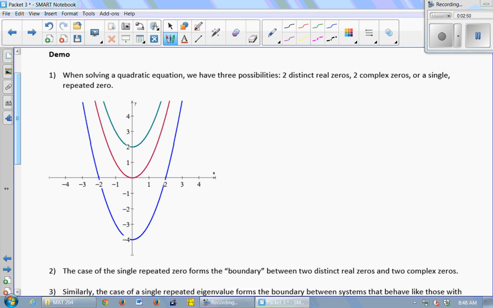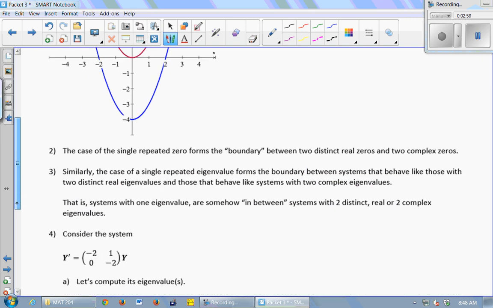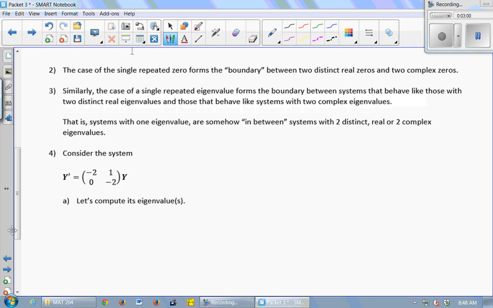So it's going to have some characteristics of both. Similarly, the case of single repeated eigenvalues forms a boundary between systems that behave like those with 2 real eigenvalues and those with 2 complex eigenvalues. So it's sort of in between.